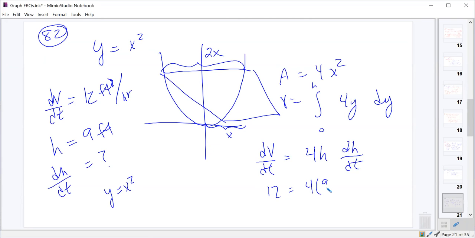We're interested in a height of 9. 12 over 36 is 1/3 of a foot per hour, which I guess was answer choice B. Any questions there on that one?